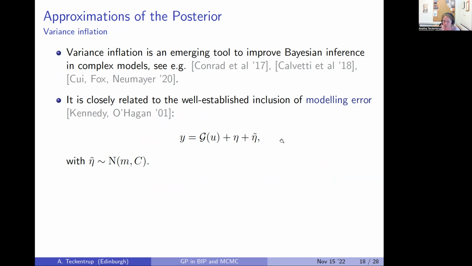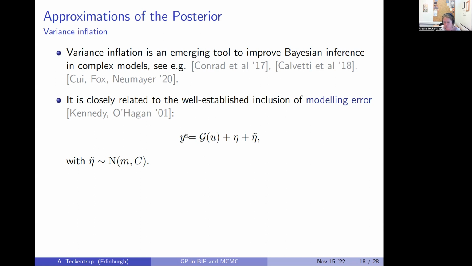It is of course also related to the inclusion of modeling error. That's something that's well established in the spatial statistics literature, dating back to this paper by Kennedy and O'Hagan from over 20 years ago. In that situation, you would have a model like this.